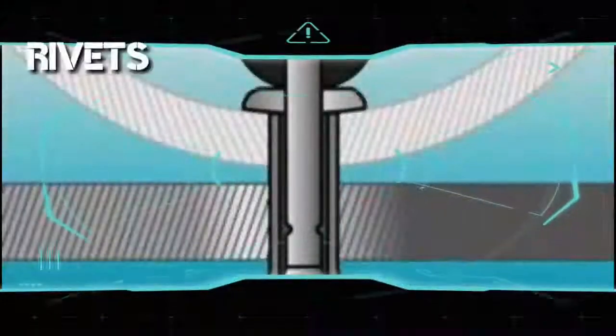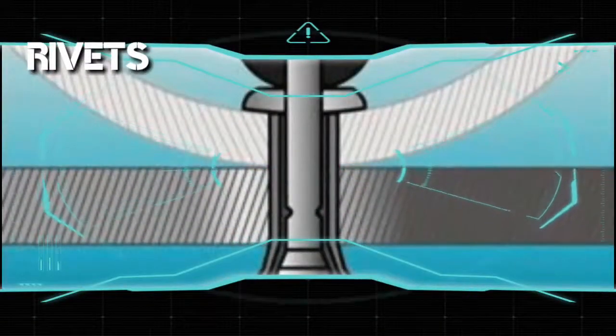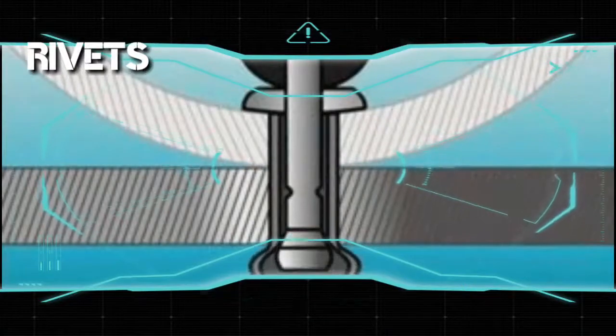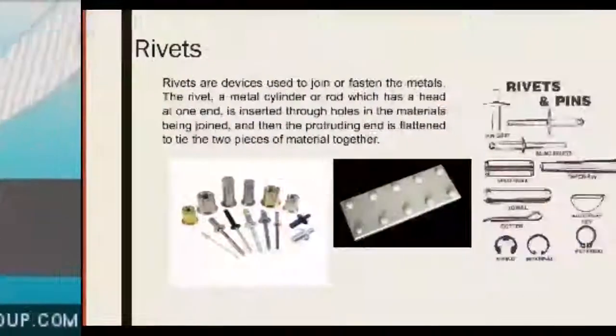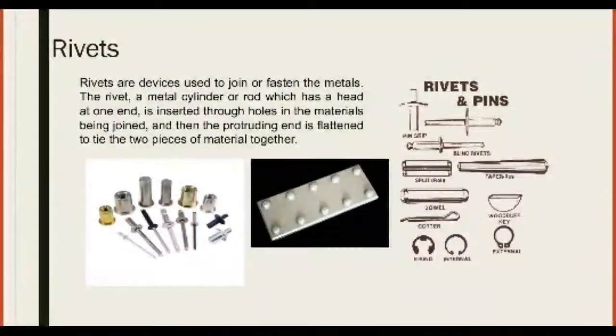Lastly, rivets are devices used to join or fasten metals. The rivet is a metal cylinder or rod which has a head at one end. So it is a device used in joining metals and also to fasten them.